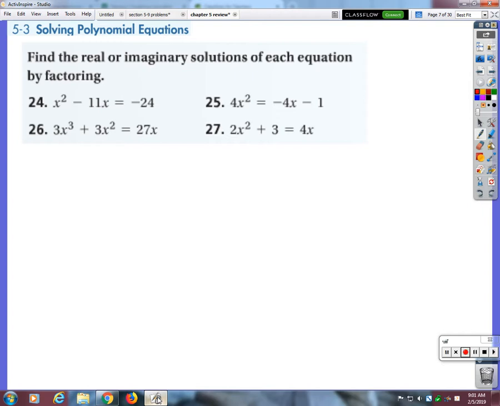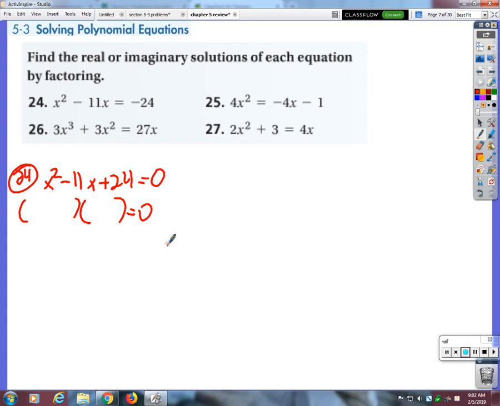Check the note. Okay, good. We're going to add 24 to both sides. So that gives us x squared minus 11x plus 24 equals 0. Then I am going to try to factor that.